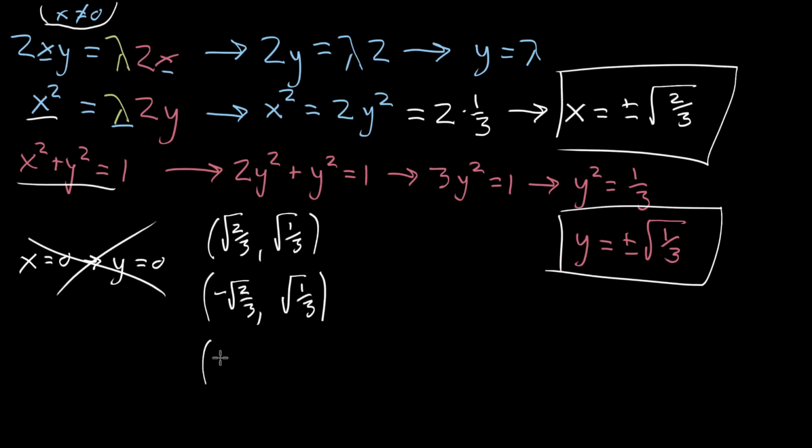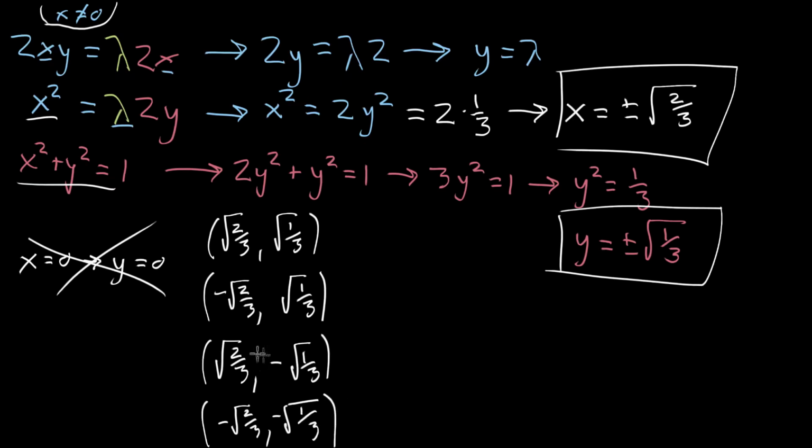Or maybe x is the positive square root of 2/3, and y is the negative square root of 1/3. Kind of monotonous, but just getting all of the different possibilities on the table here. X is negative square root of 2/3, and then y is negative, that's the last one, square root of 1/3. So these are the 4 points where the contour lines are tangent.